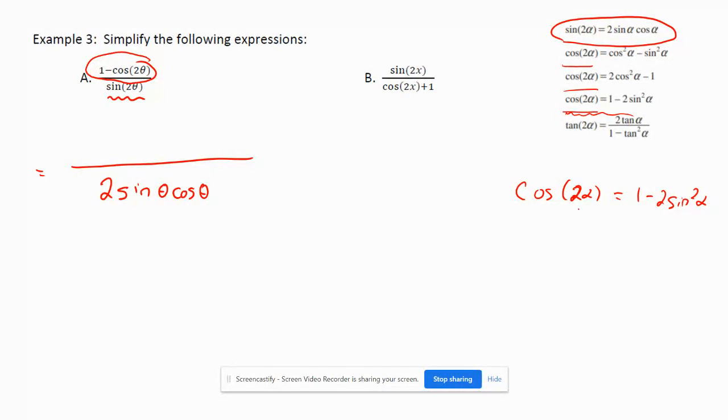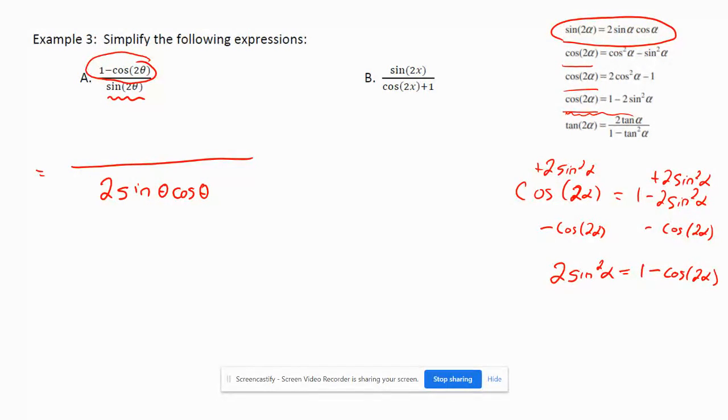So if I subtract cos 2 alpha from both sides, and add 2 sine squared alpha to both sides, what I'm left with is 2 sine squared alpha equals 1 minus cos 2 alpha.